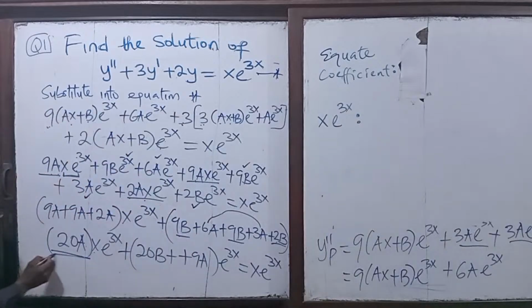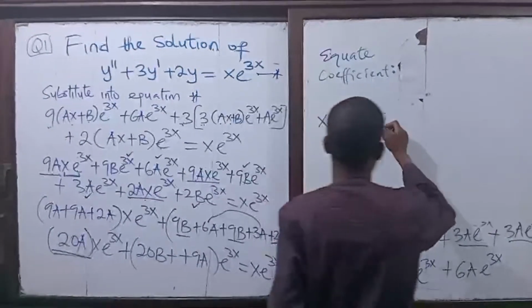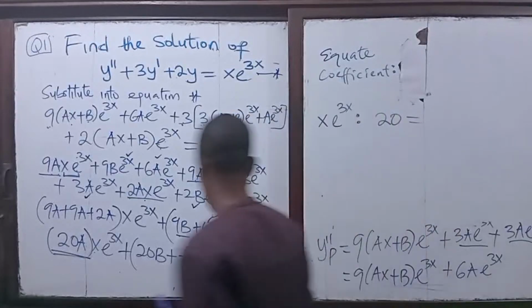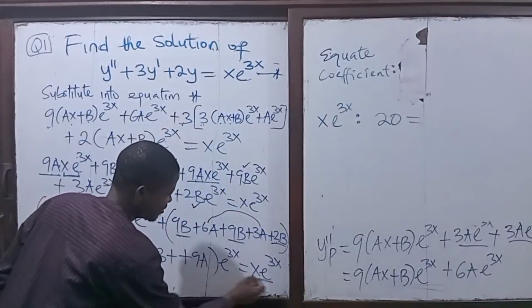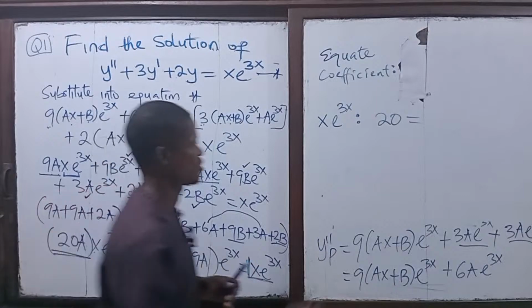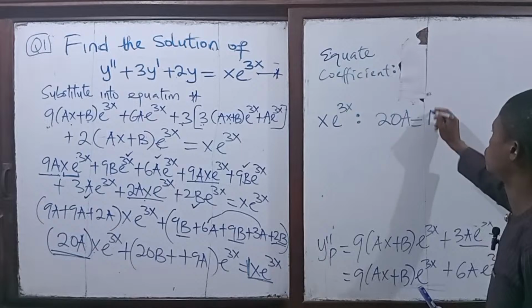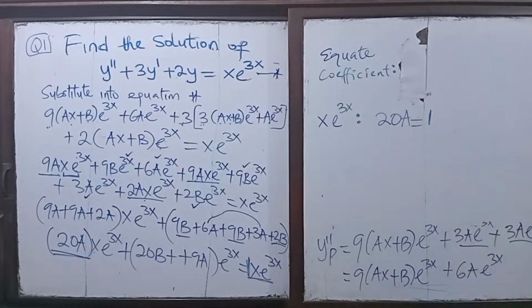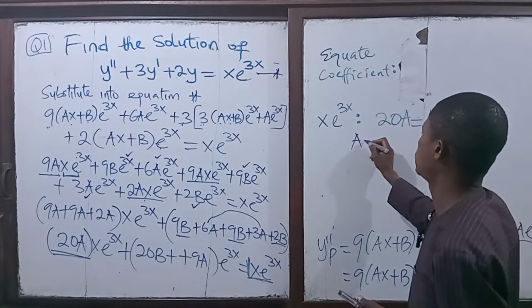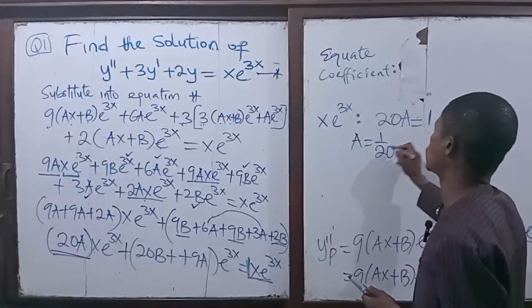The coefficient is what? 20a. On the right side, the coefficient is what? It is 1 in this place. So 20a is equal to 1. Okay? So a is what? A is 1 over 20.